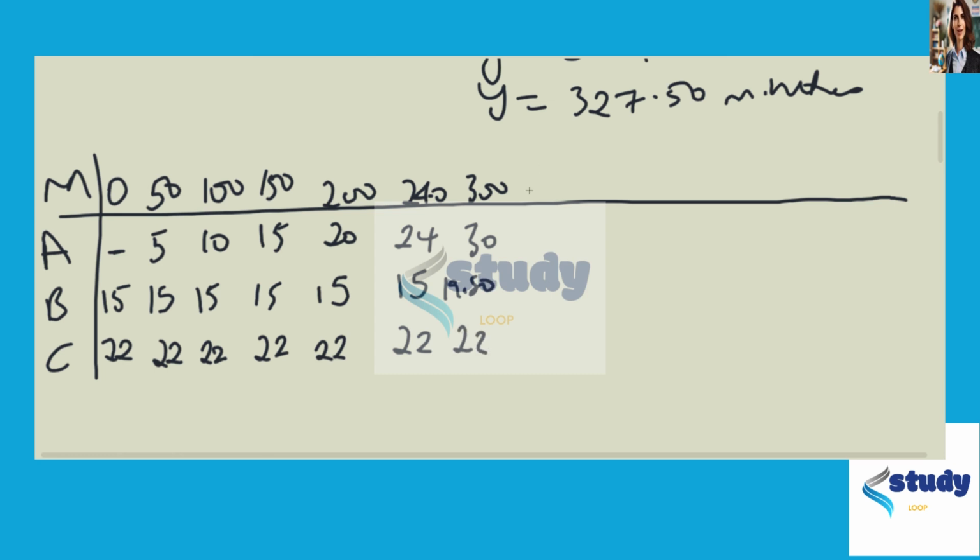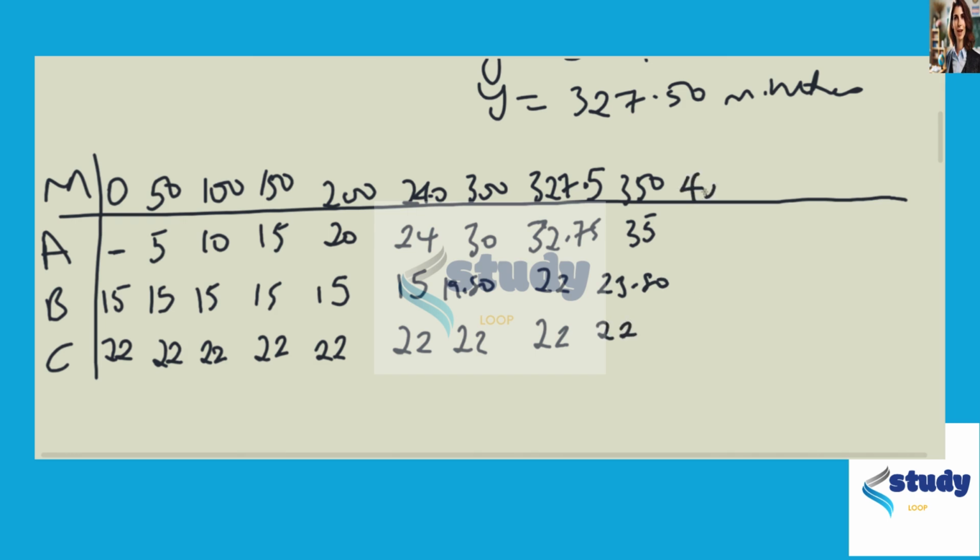For 327.5 minutes, we're going to have 32.75, 22, and 22 here. Now for 350 minutes, we're going to have 35, 23.80, and 22.